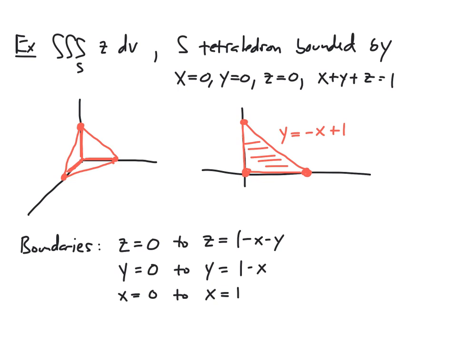We have x equals 0 here and x equals 1 here. So along the x-axis, this surface lives between x equals 0 and x equals 1. These three sets of boundaries, pretty easy to identify from the picture, are going to be the limits of our triple iterated integral.